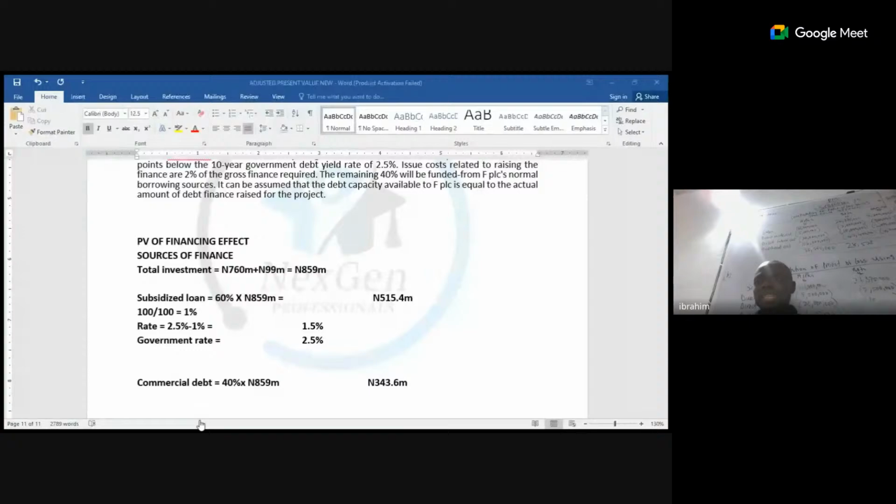The bank is lending at 30%. If the bank is lending at 31%, and the MPR rate of 27.5% is not subsidized, so that is the normal government rate. It is 27.5.